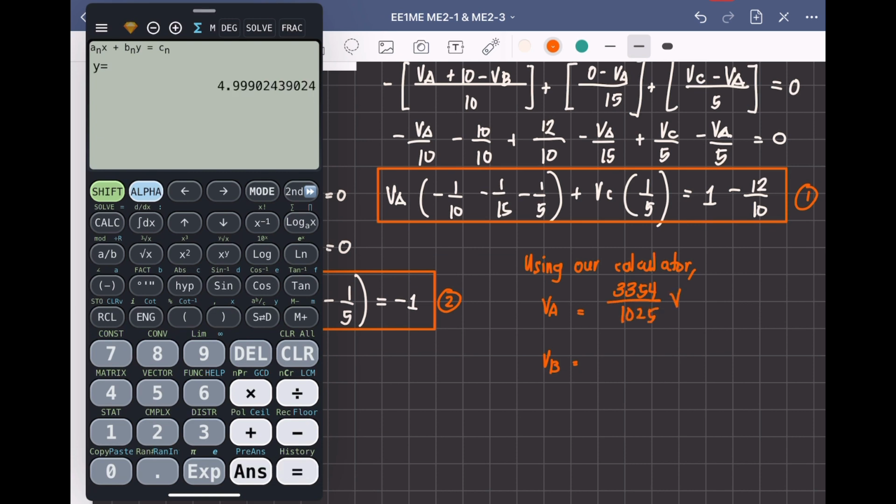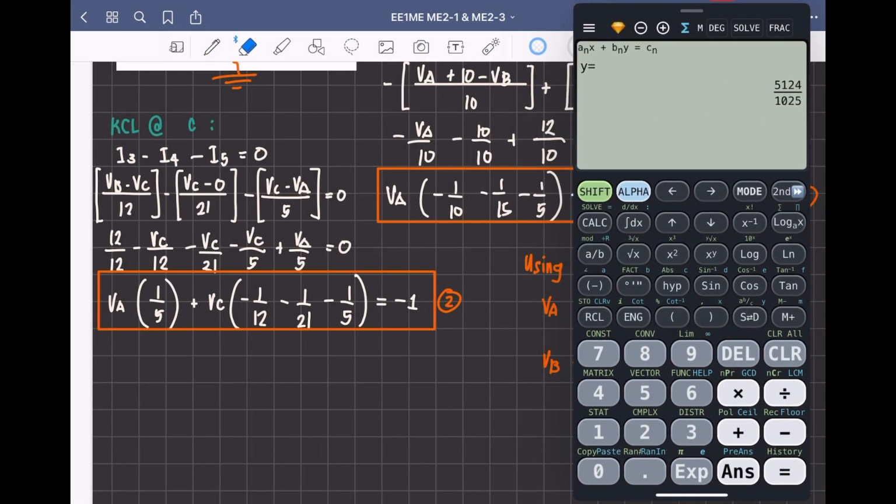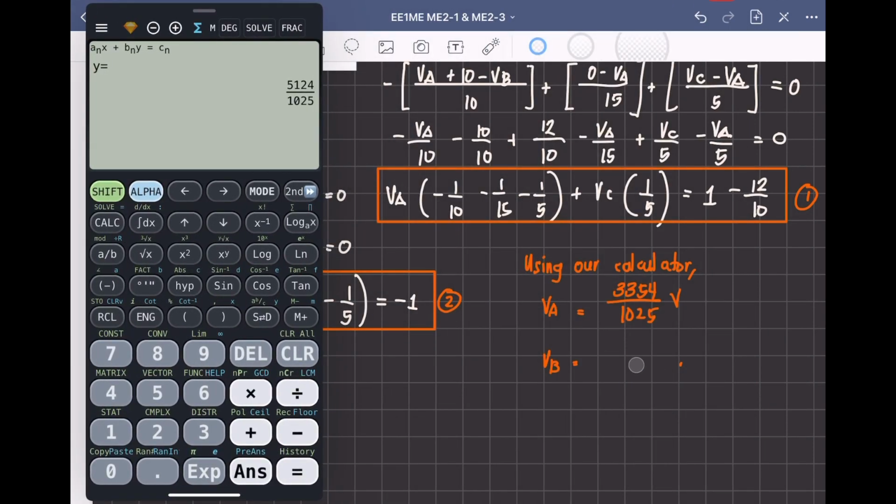And then, we have no option but to have 4.9990 volts. Okay, we cannot store this. It can be in fraction also. So let me just rewrite that as 5124 all over 1025 volts.